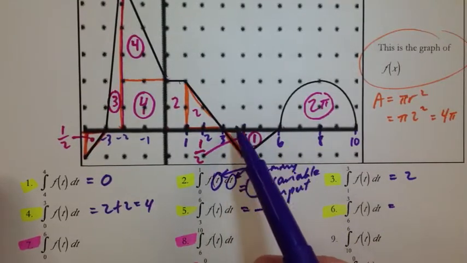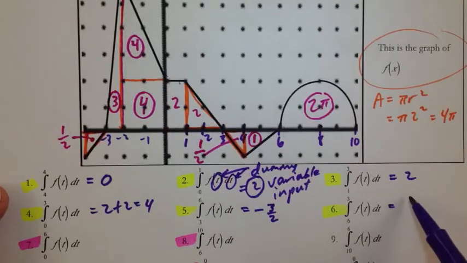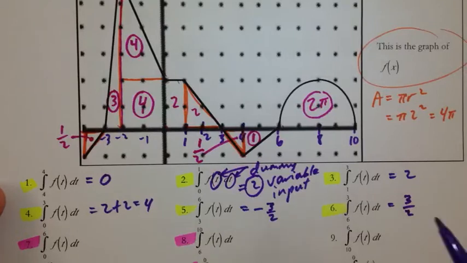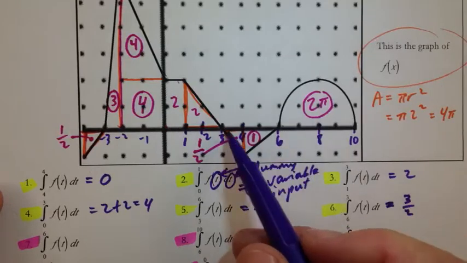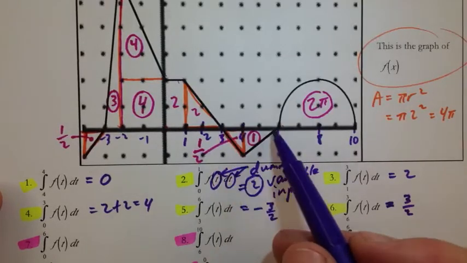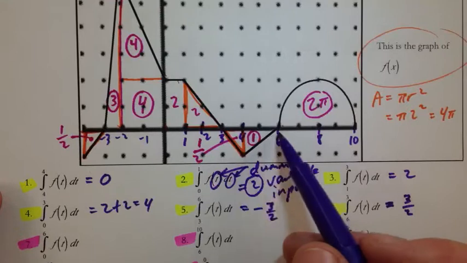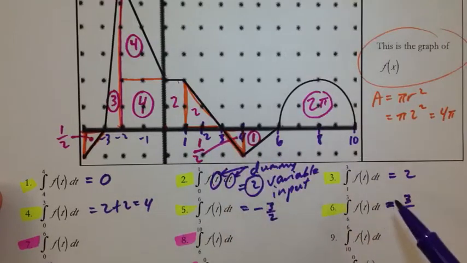We can integrate from 6 to 3, and integrating from 6 to 3 gives us actually a positive area. That's an equal sign, equals a positive 3 halves. Okay, so when you integrate from right to left, and the function is entirely below the x-axis, then you're going to get a positive number.